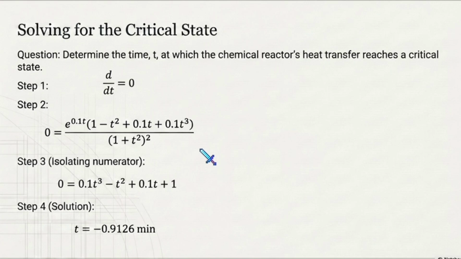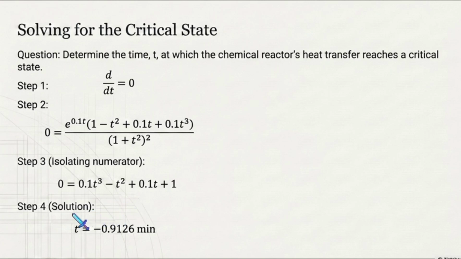Therefore, the only way for the whole equation to become 0 is when the numerator is equal to 0. So we isolate the numerator and get the equation 0 equals 0.1t³ minus t² plus 0.1t plus 1.